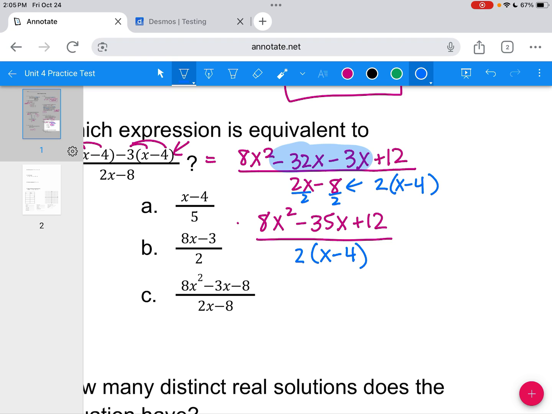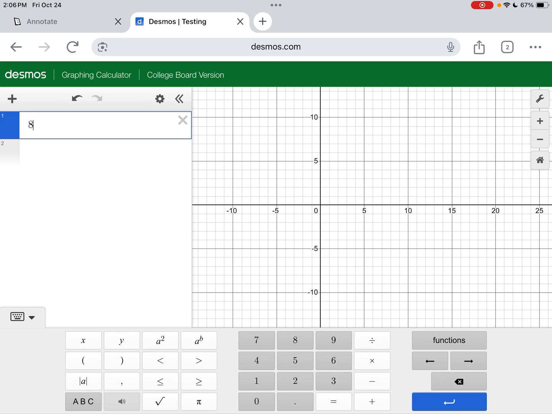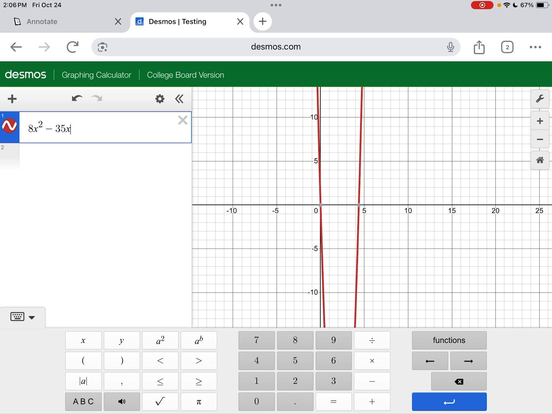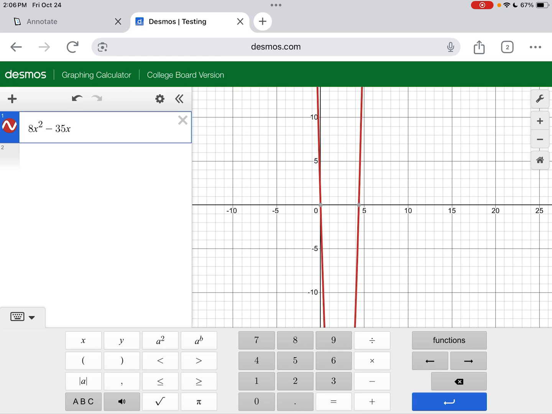And remember, in order to graph the numerator, we're going to start with x minus blank, x minus blank. And I'll just leave my denominator alone. And then in our blanks, we're going to fill in the x-intercepts. So let's do that. We have 8x squared minus 35x, and then plus 12.